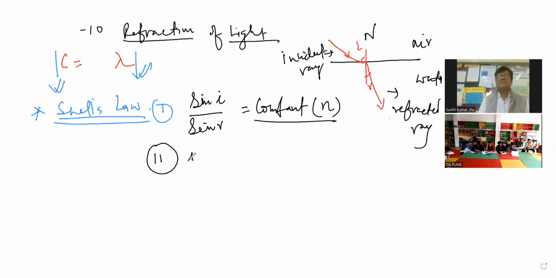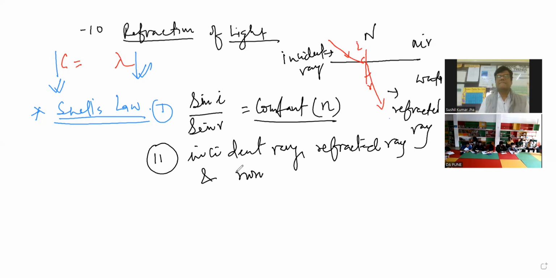So the incident ray, refracted ray and normal lie in the same plane. So these are the laws of refraction.